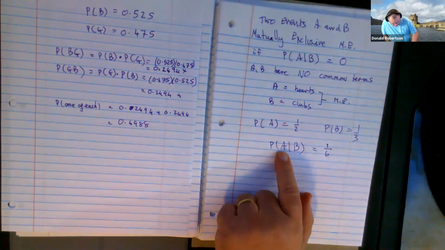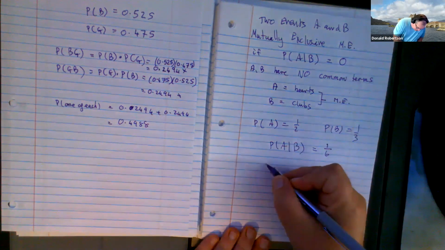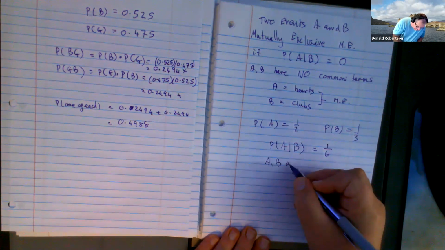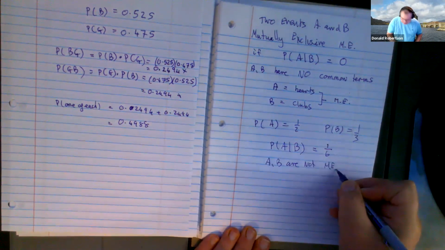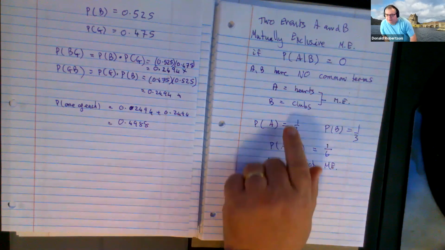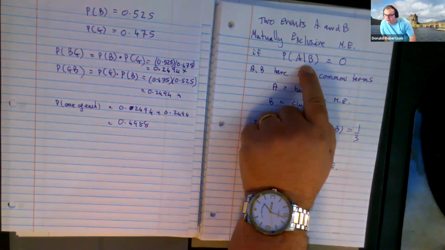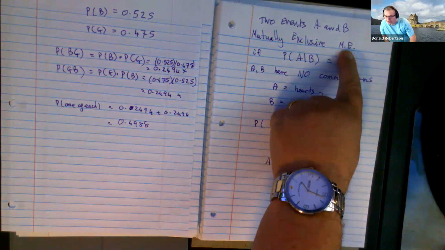If the probability of A given B is a sixth, then A and B are not mutually exclusive. They must have something that's connecting them. And you say, well, how do I know that? This test has two sides to it. If you're equal to 0, you're mutually exclusive.